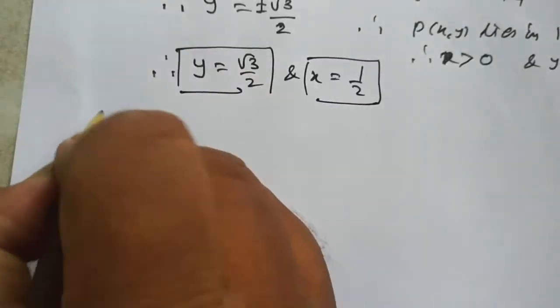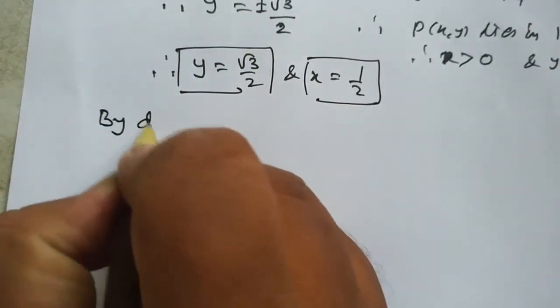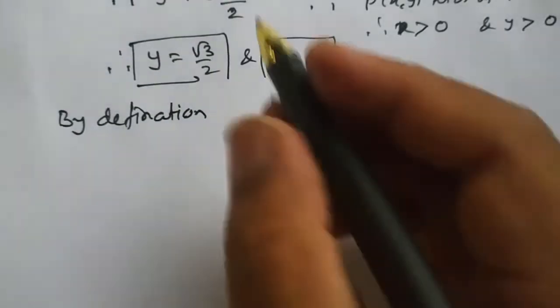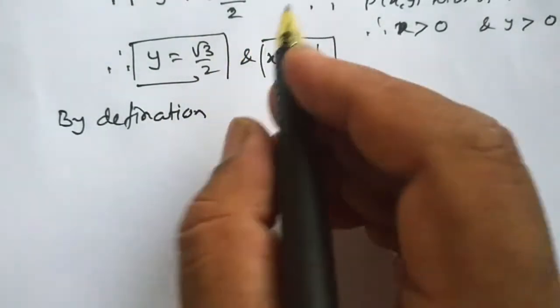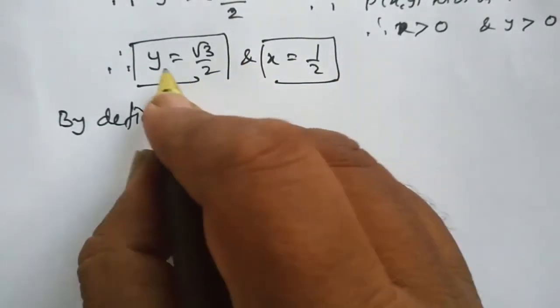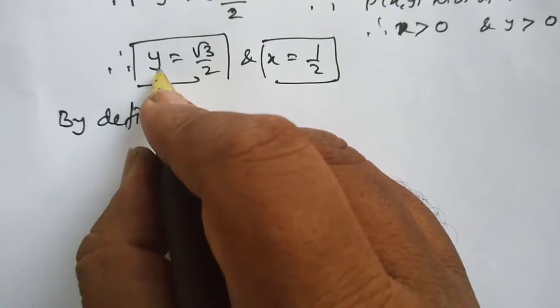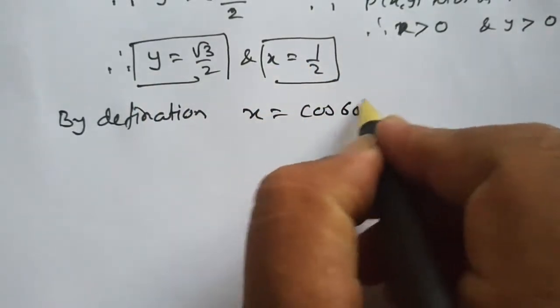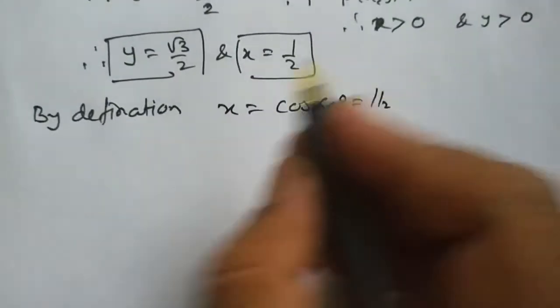By definition of trigonometry, y is equal to sine of 60 degree and x is equal to cos of 60 degree is equal to 1/2.